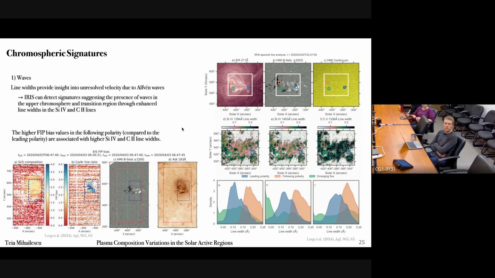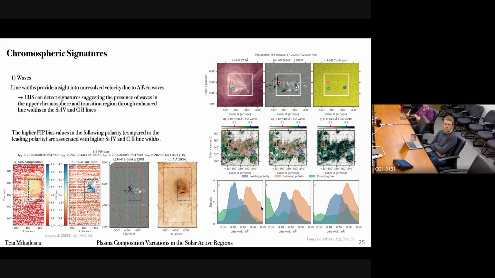The first thing they looked for is the non-thermal line widths of the silicon-4 and carbon-2 lines, and that is what's shown on the bottom plot here. First silicon-4 1394, silicon-4 1403, and then carbon-2. In all instances, the following polarity showed a much stronger line width than the leading polarity.